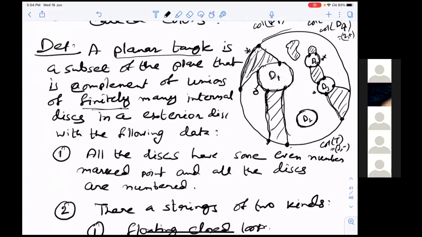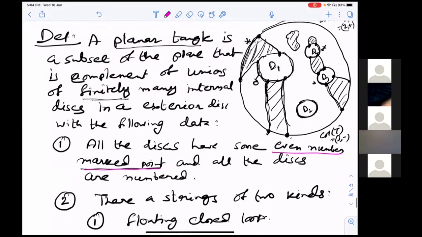Like that, each should have only an even number of marked points. And all the disks should be numbered, like this is D1, this is D2. If we renumber, we get another tangle, so the numbering of the disks is also part of the data.